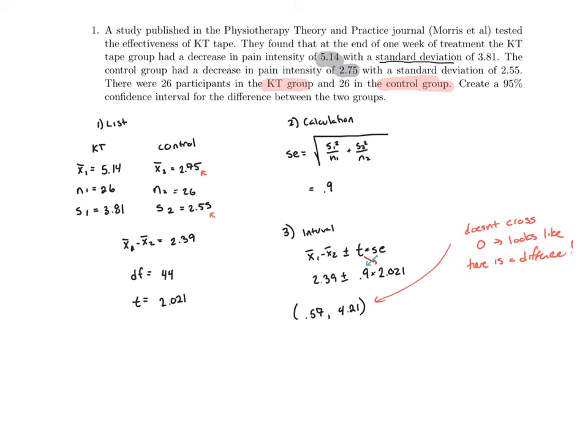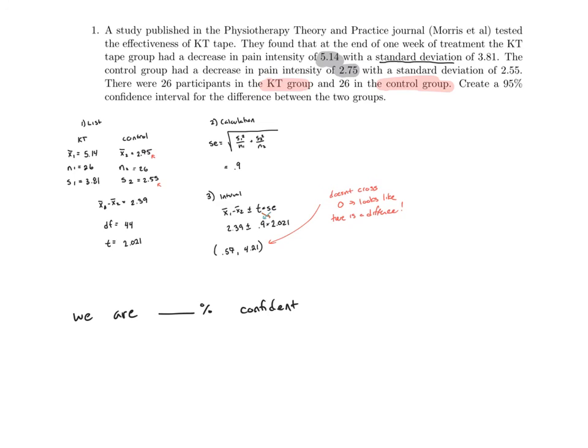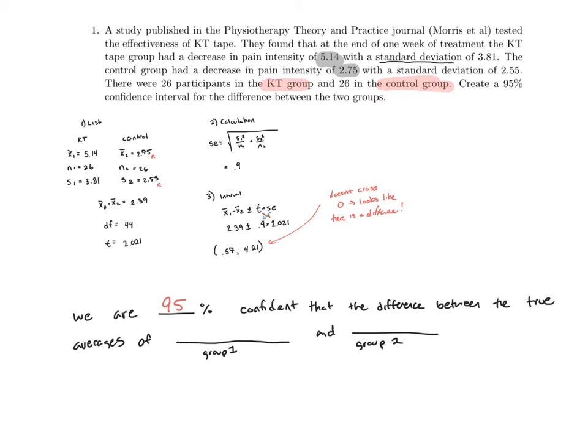When we go to state our final answer, we're a little bit more specific about it. We always start with, we are blank % confident. Because we're talking about the difference between two, we'll say we are 95% confident, in this case, that the difference between the true averages of blank, group 1 will go in there, and blank, group 2 will go in here, for whatever we're talking about, is between our two values.